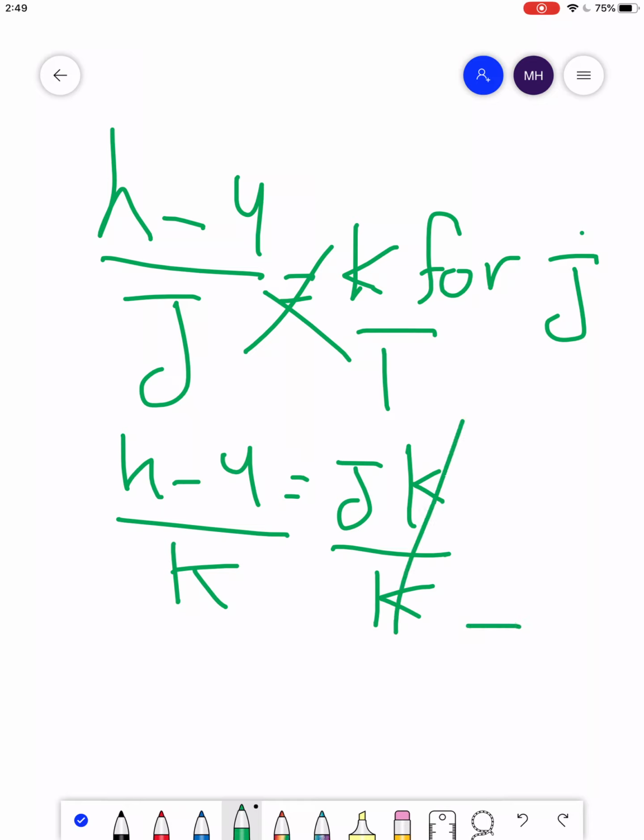So j equals h minus r over k. Another example.